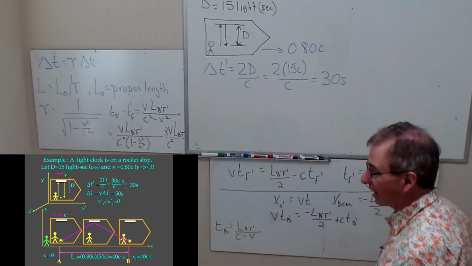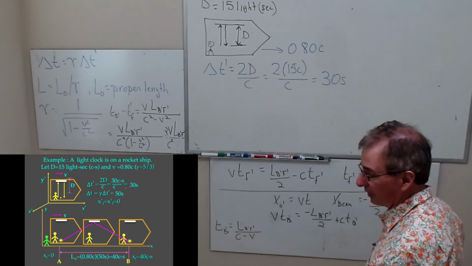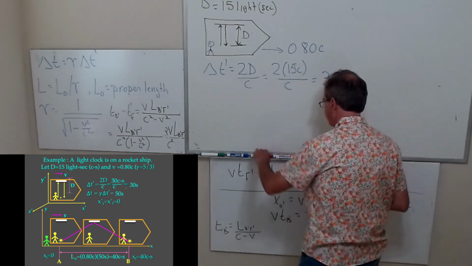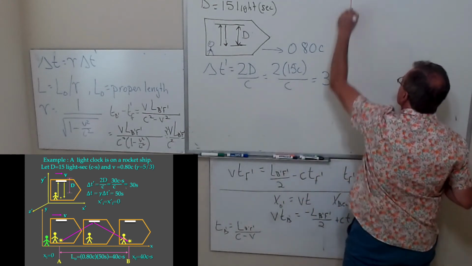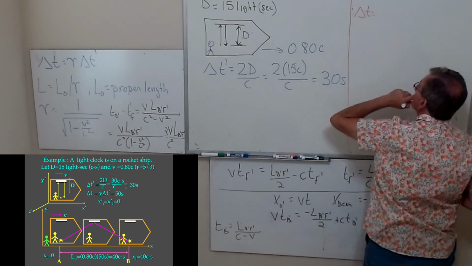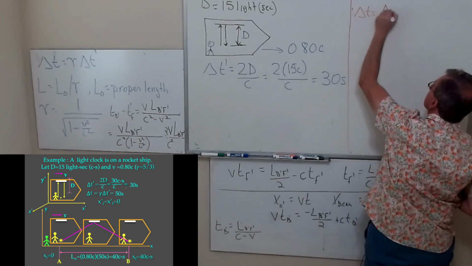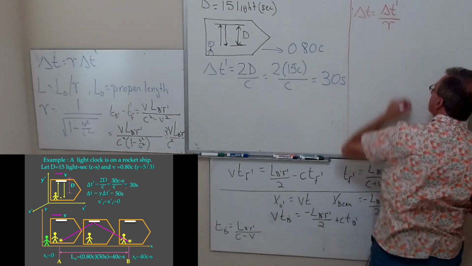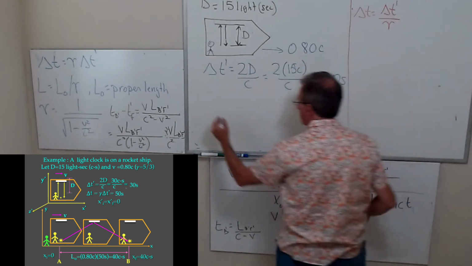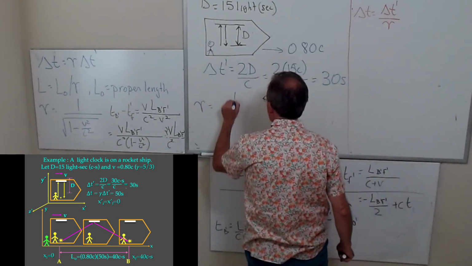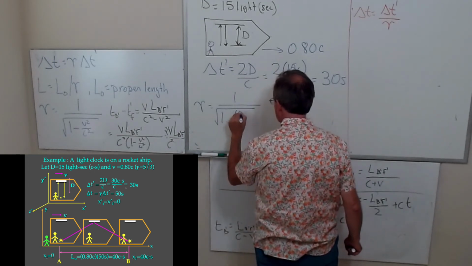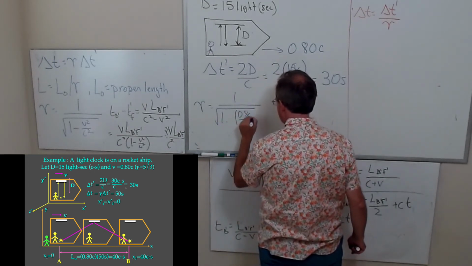If we're on the ground observing this, that's the bottom figure, how long is that? What is delta t? Well, delta t is going to be delta t prime times gamma. Well, what is gamma in this case? Gamma is going to be 1 over the square root of 1 minus (0.8 c) squared over c squared.